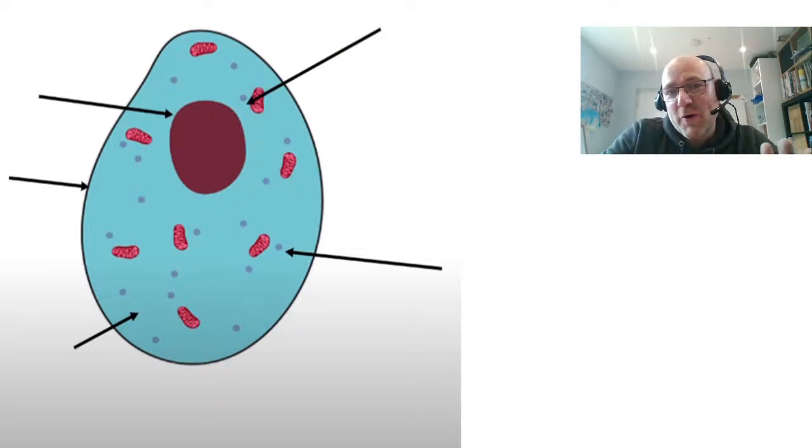Okay, so what are these arrows pointing to? See if you can put up the answers in the chat. This is an animal cell. Yeah, you got the mitochondria, cell membrane, ribosomes, yeah, cytoplasm.